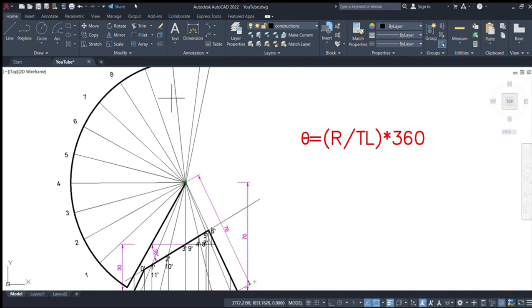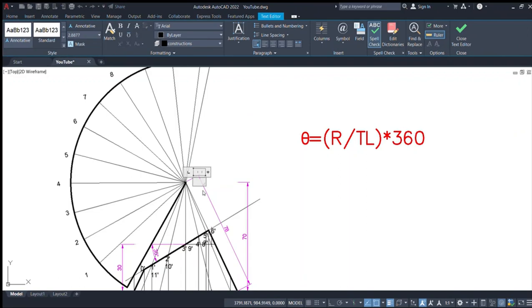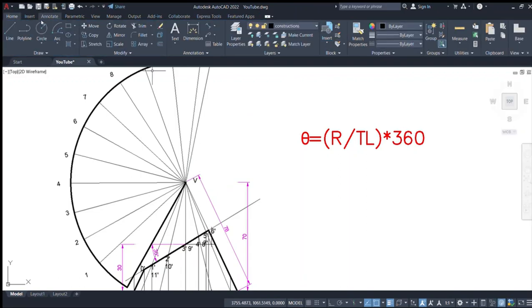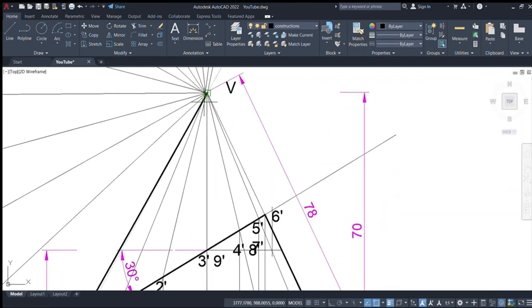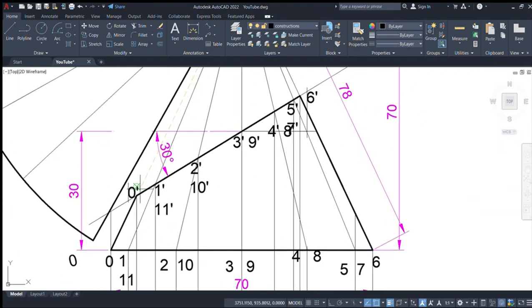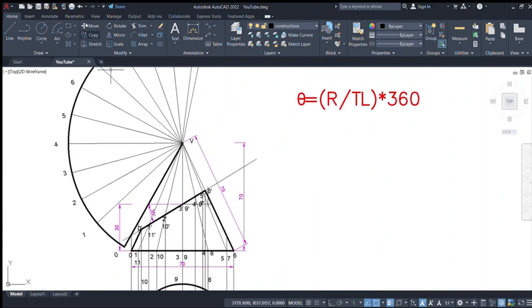taking this point, let's call that point V. So taking V as the center, place your compass here, measure the distance to 0, which is here. So that's our center.